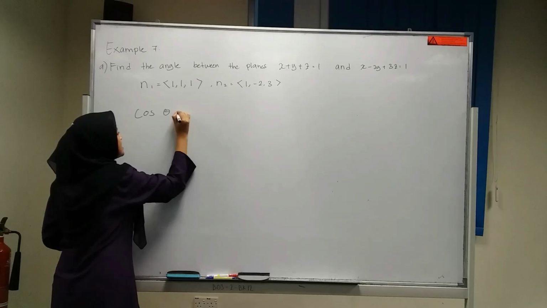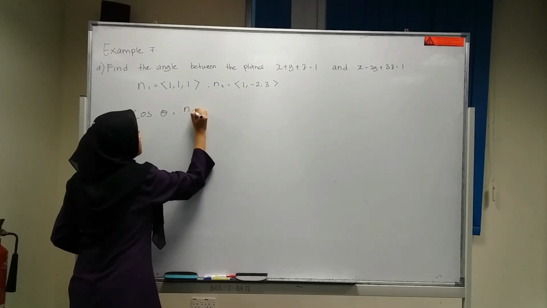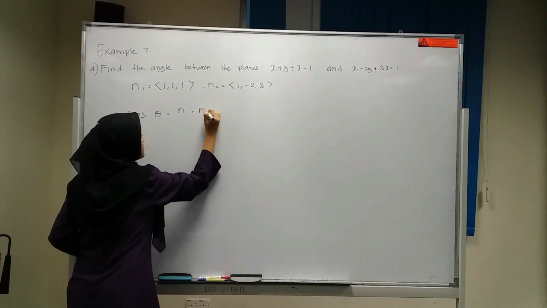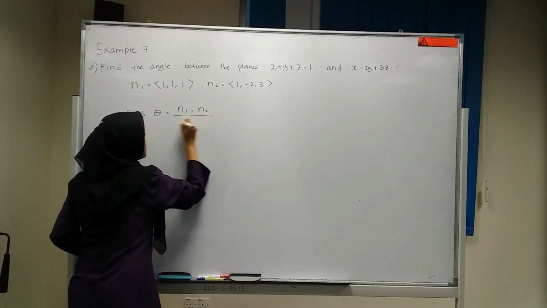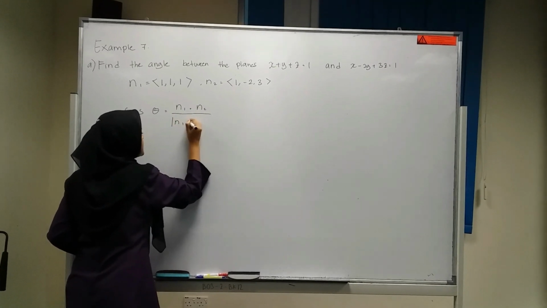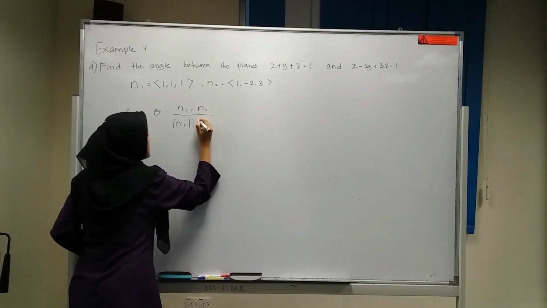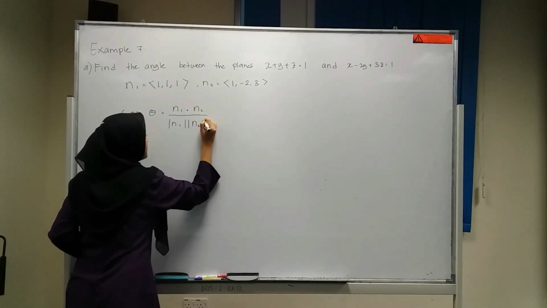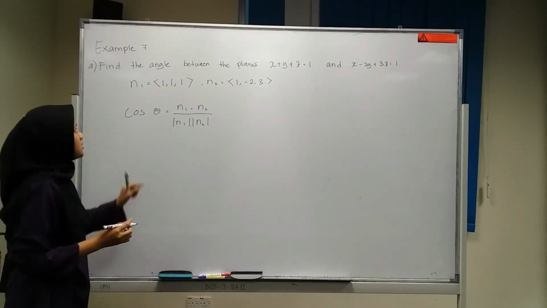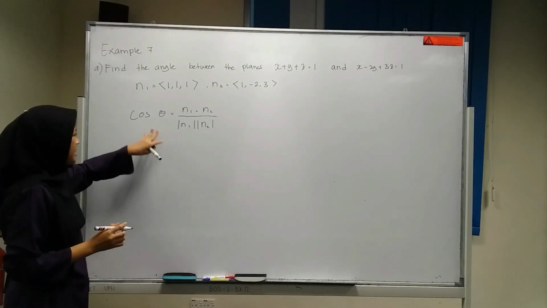Okay, so we know the formula to find the angle between the planes is cos theta equal to normal vector 1 dot normal vector 2 divided by the magnitude of normal vector 1 times the magnitude of normal vector 2. We just need to find theta.